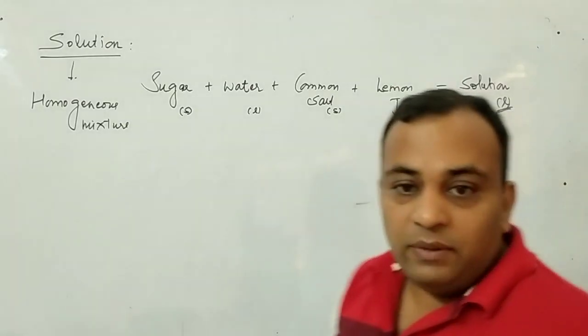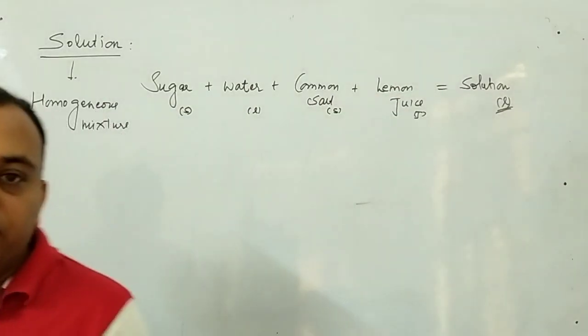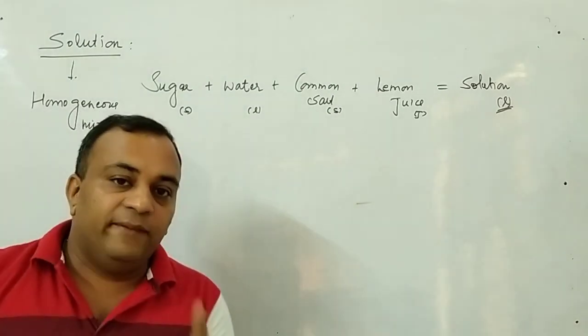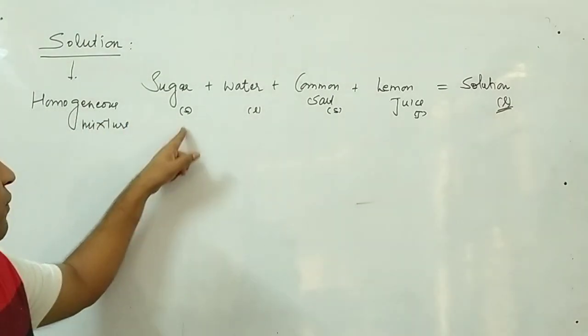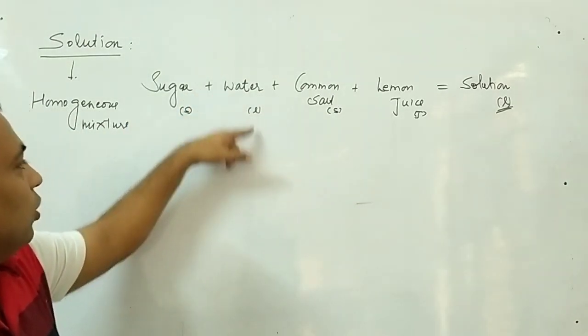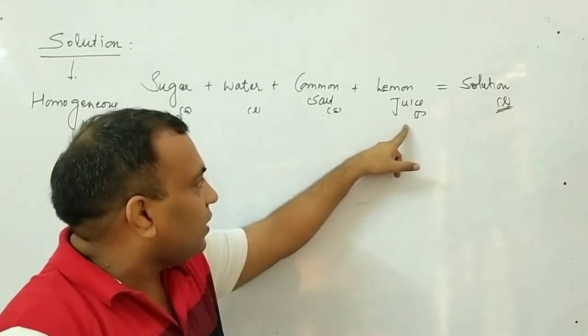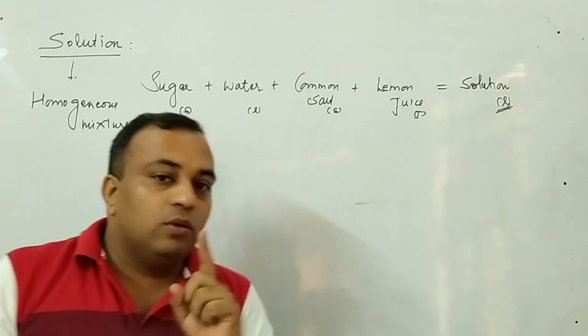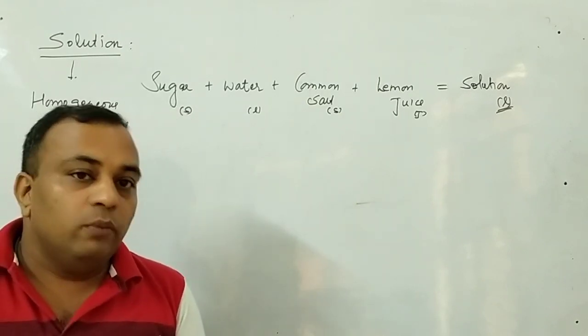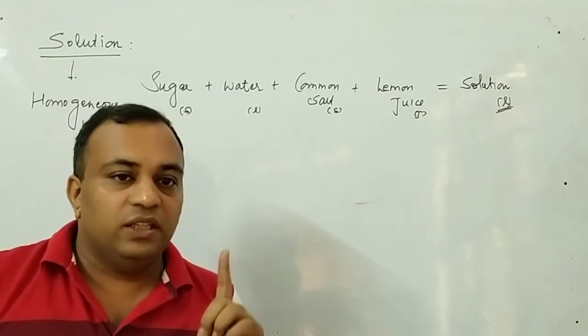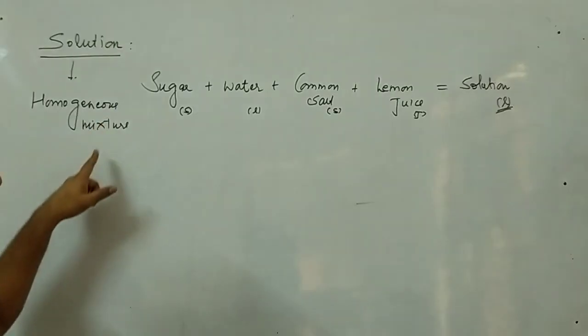Homo means same, geneous means you can say physical state. When the whole comes out to be in the same phase. We have taken sugar, solid, water, liquid, common salt, solid, lemon juice, again liquid, but the solution comes out to be liquid. So when the whole mixture comes out to be in same state, that is said to be the homogeneous mixture.